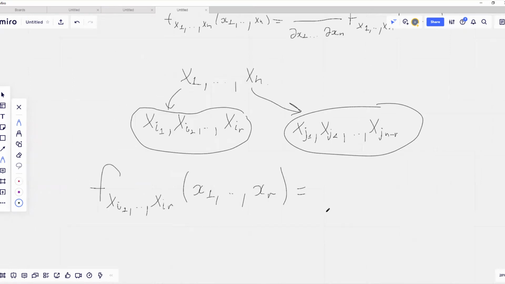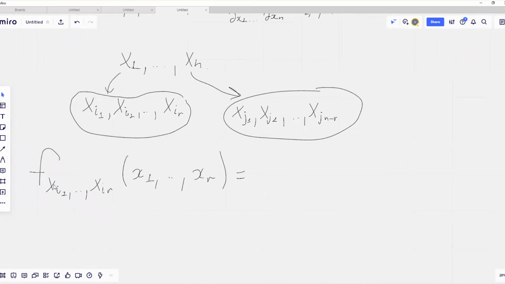then we have to integrate over all those random variables xj's, from minus infinity to infinity.